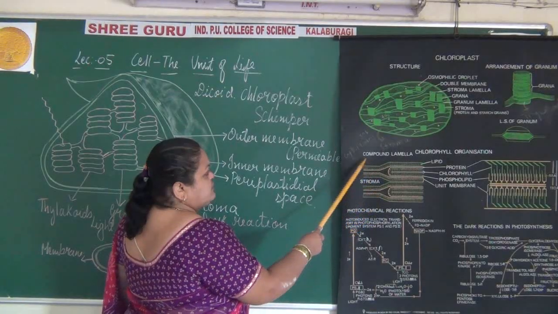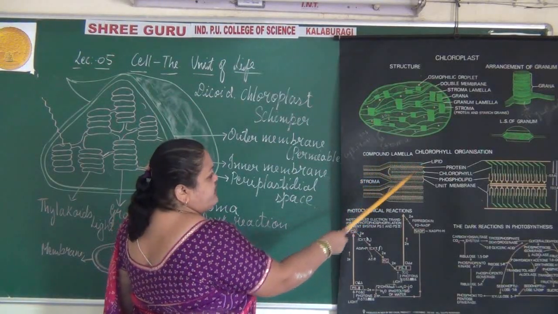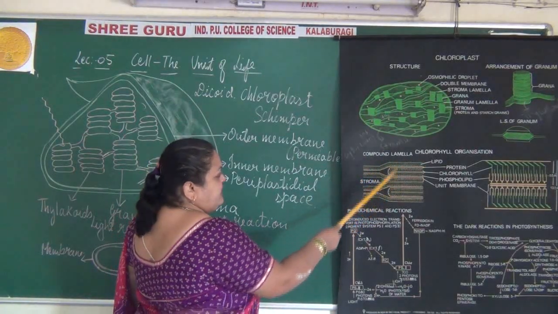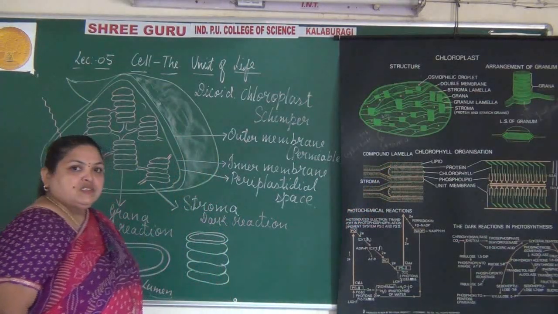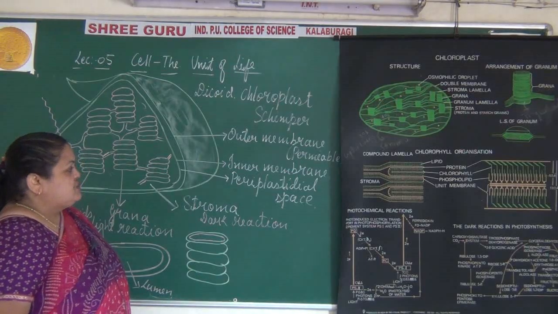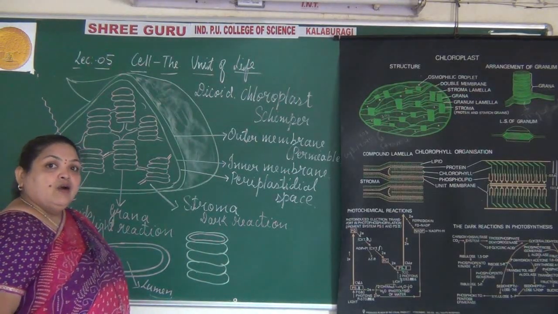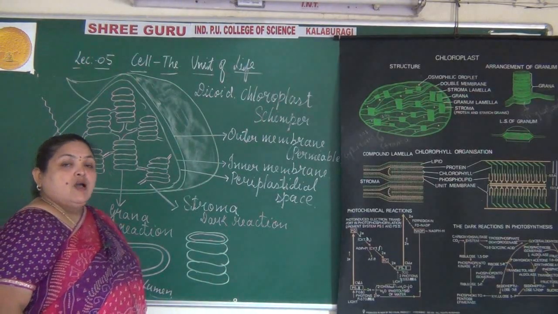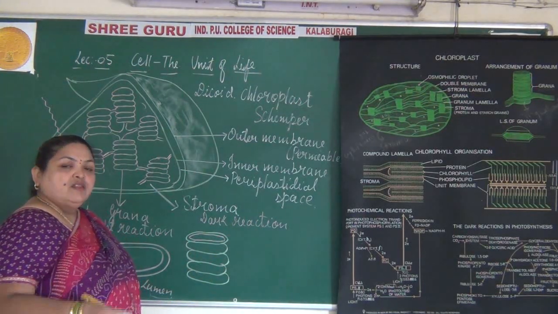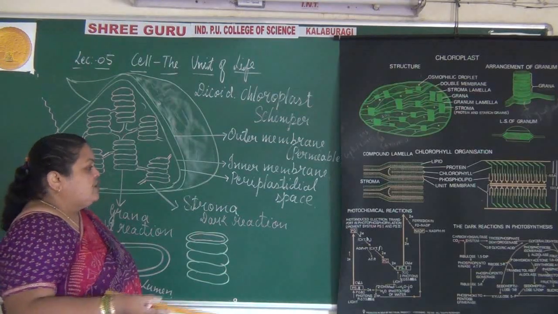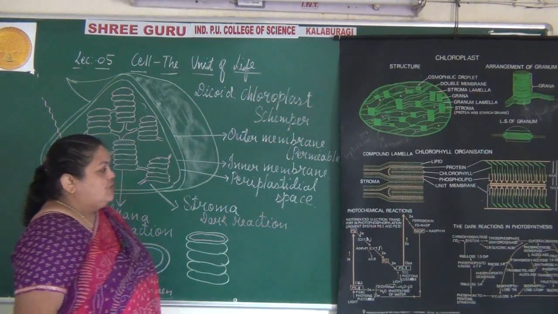Now here, if you go through this chlorophyll organization, this is in detail, but in the chapter of photosynthesis you will be studying the complete structure of the chloroplast and how the process occurs, how they absorb the light energy, and how they synthesize the food.